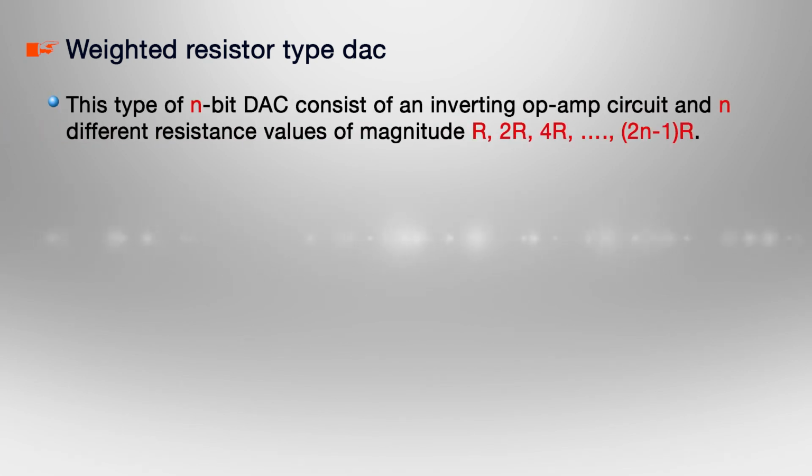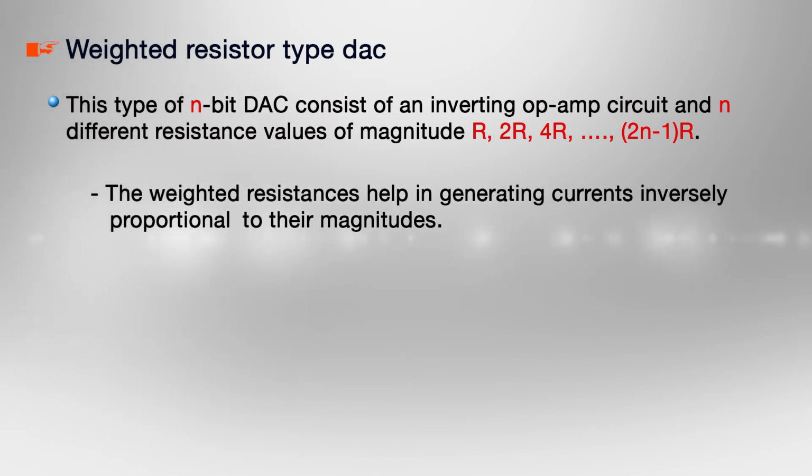So, let us talk about an n-bit DAC of this type. Circuit design of this type of n-bit DAC consists of an inverting op-amp and n different resistance values of magnitude R, 2R, 4R up to 2 to the power n minus 1 into R. Say if n is equal to 3, we need 3 resistances of values R, 2R and 4R.